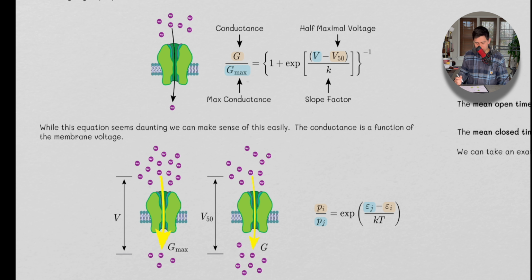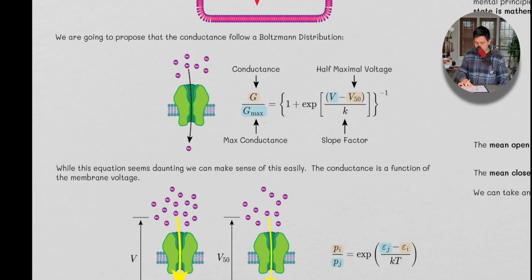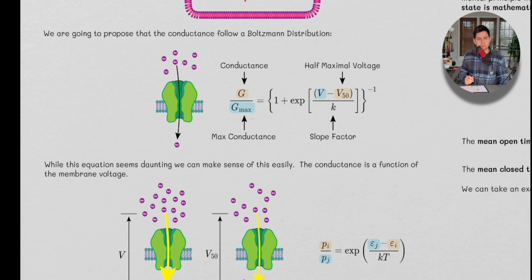But the idea here is that the current is a function of the voltage. I just put this here to show you that it looks like a Boltzmann distribution. When you read the paper, it says it's a Boltzmann distribution. That doesn't really matter though.